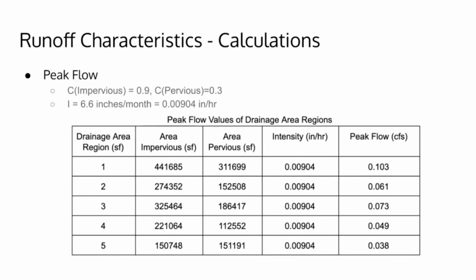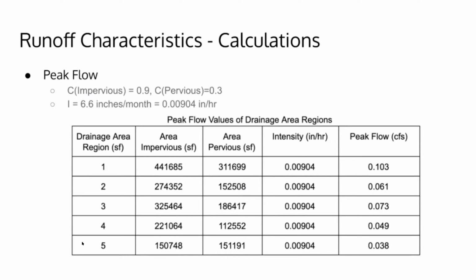In order to figure out the rainfall intensity, we had to look back at the information from our previous rainfall data. As a result, we noticed that rain peaks in Oregon during the winter, based on the average of the winter months. Accounting for capturing larger storms, we get an intensity of 6.6 inches per month.